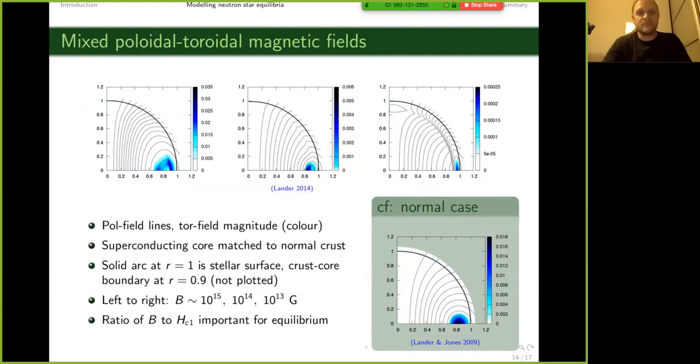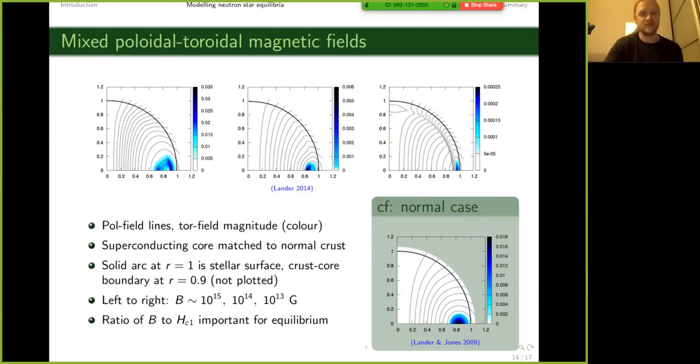So now the color scale shows the magnitude of the toroidal field. The black lines are still the poloidal field lines. And again, if you look at the normally conducting case, whatever field strength you're at, the plot looks kind of the same.